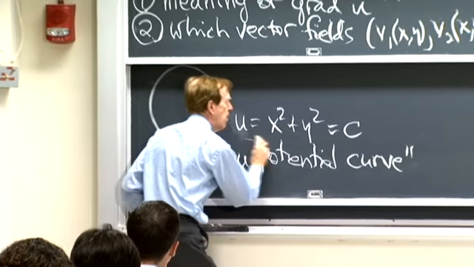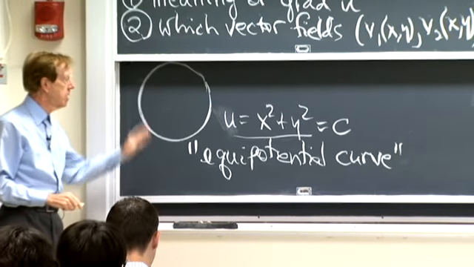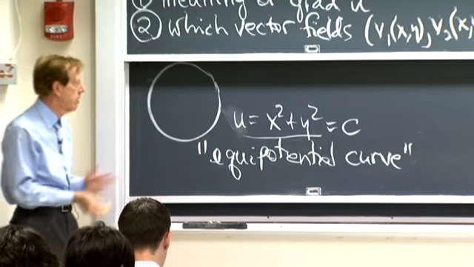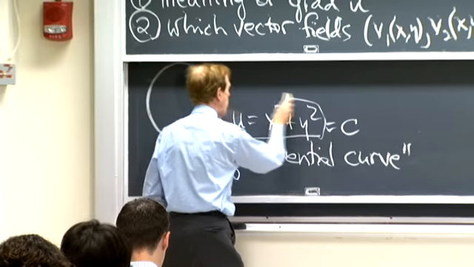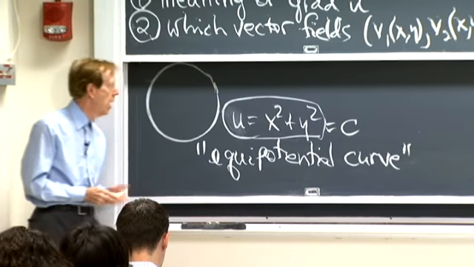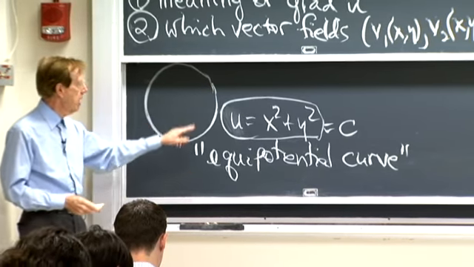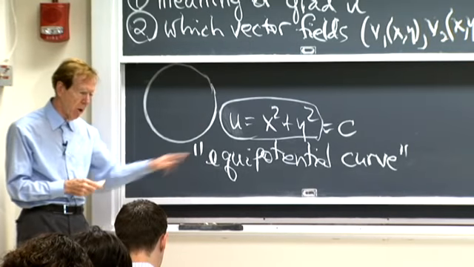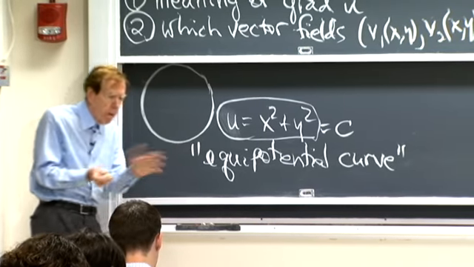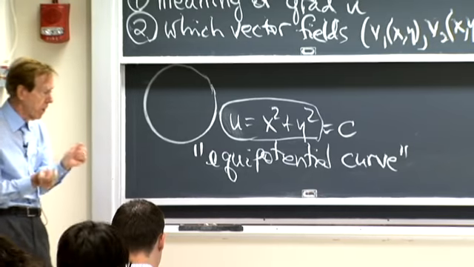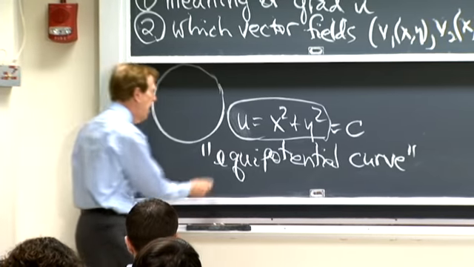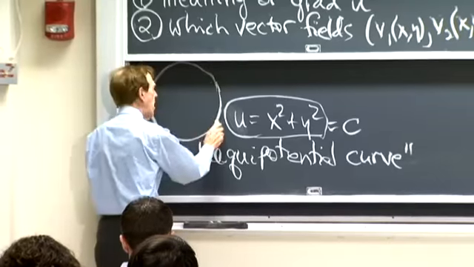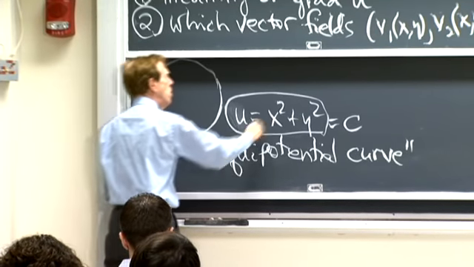I'll start with a very simple u. u is x squared plus y squared. So that's my example 1. And what I've drawn is an equipotential curve, or isopotential might be a more appropriate word these days, but we still say equipotential. It means that along this curve, u is a constant.